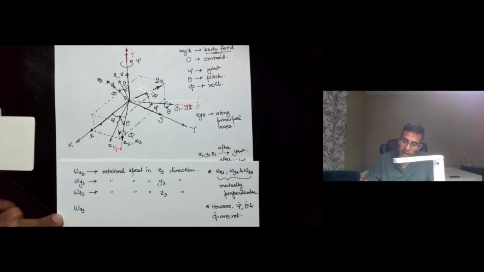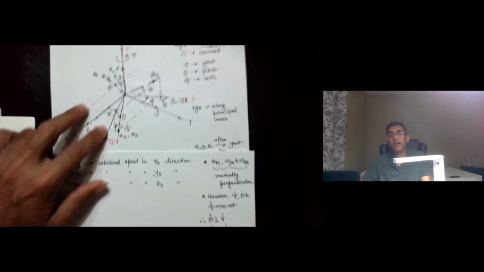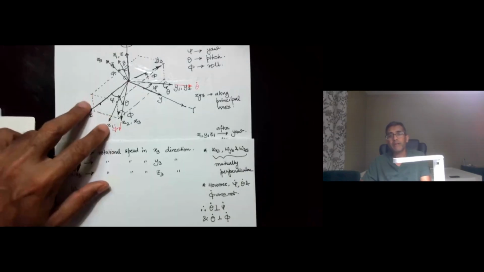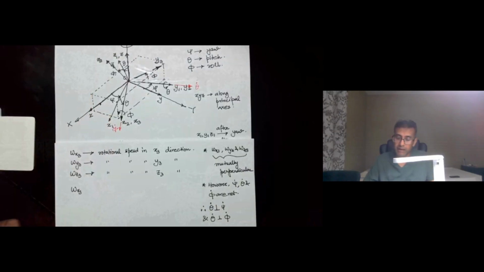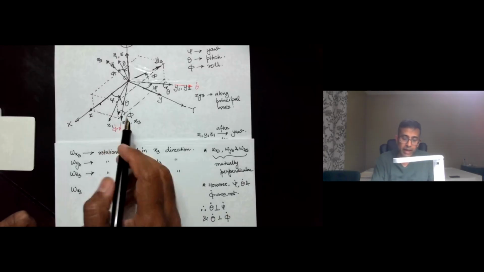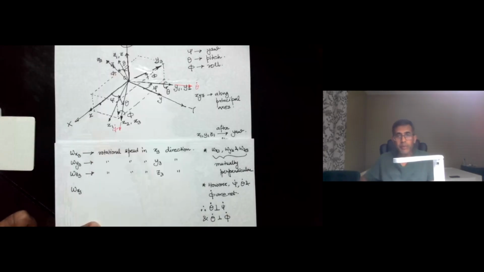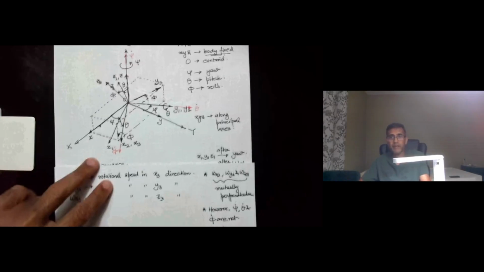So we note that theta dot is perpendicular to psi dot and theta dot is perpendicular to phi dot. These are very important observations, and they will be handy moving forward. But you will note that phi dot is not perpendicular to psi dot.